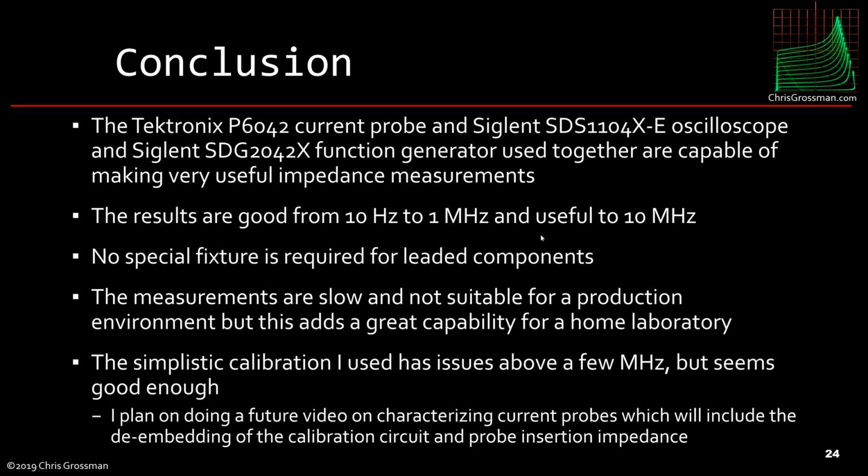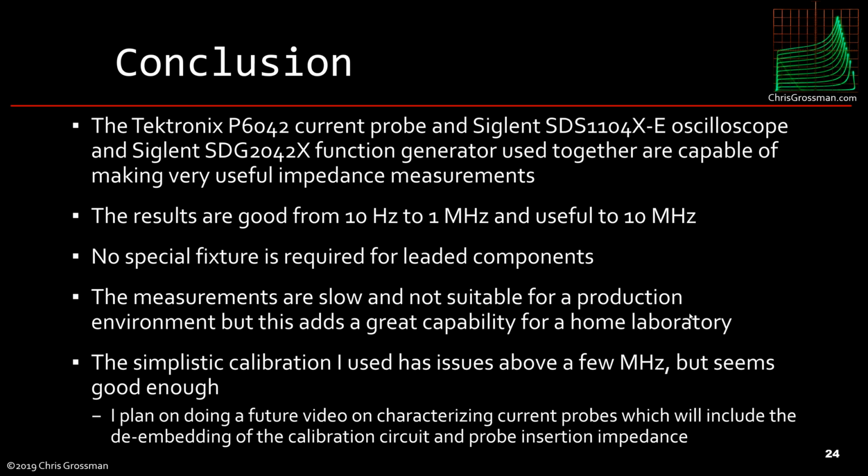No special fixtures required for measuring leaded components. The measurements are very slow, which is why I didn't show me making one in this video. It'd be as interesting as watching grass grow. And so it's really not suitable for a production environment, but it adds great capability for a home lab.